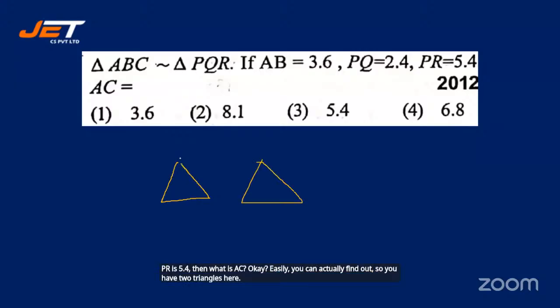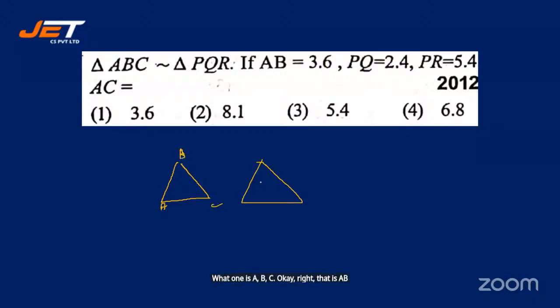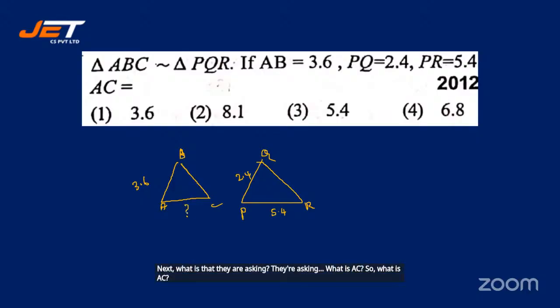One is ABC, the next one is PQR. So if AB is 3.6, PQ is 2.4, PR is 5.4. Next, what are they asking? They are asking what is AC. Is it clear?